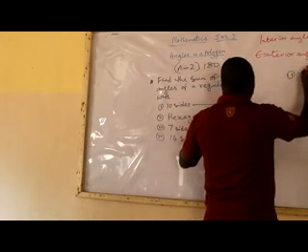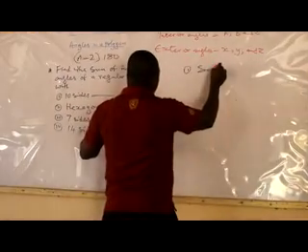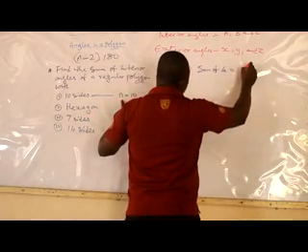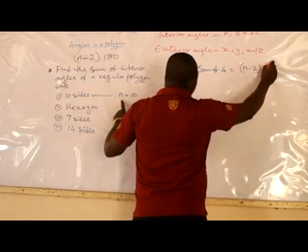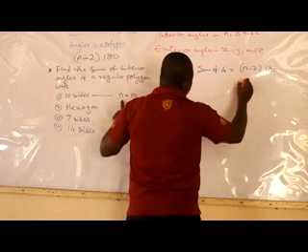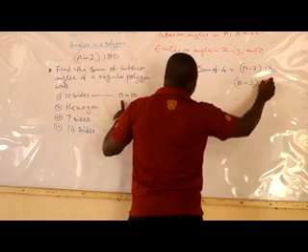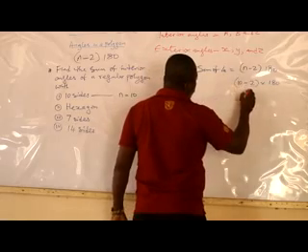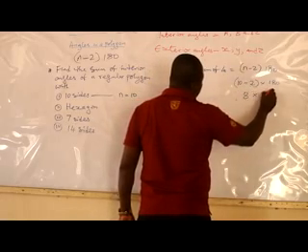The sum of interior angles is equal to n minus 2 multiplied by 180. If n is equal to 10, we have 10 minus 2 multiplied by 180. So 10 minus 2 is equal to 8 times 180.